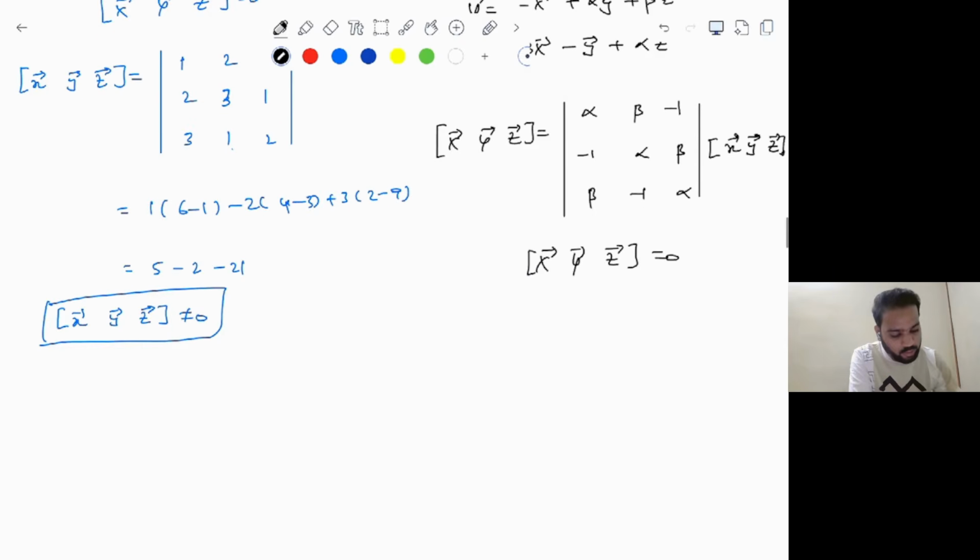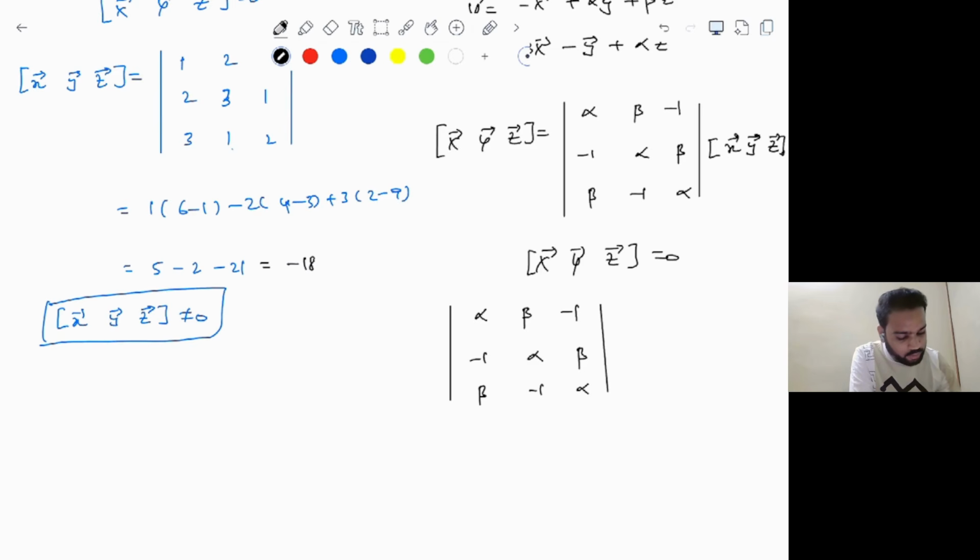And if I put that value here, finally we get the determinant of alpha, beta, minus 1, alpha, beta, and beta, minus 1, alpha. Moreover, even if you calculate the small x, small y, small z box product, what you are going to get is minus 18. I'll tell you the reason for finding that.